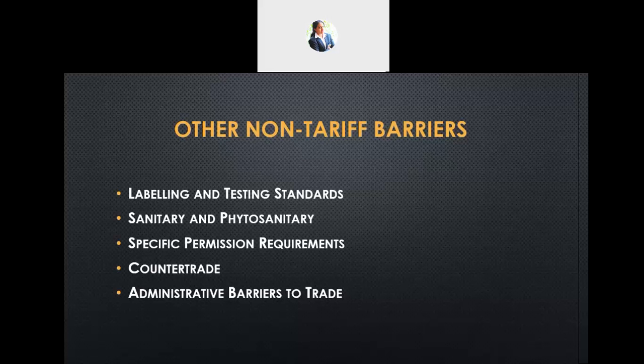Delays may be made with respect to the issue of licenses, customs valuation, and clearance of consignments of goods, and so on. These types of barriers are the most difficult to monitor and eliminate as compared to other tariff or non-tariff barriers.